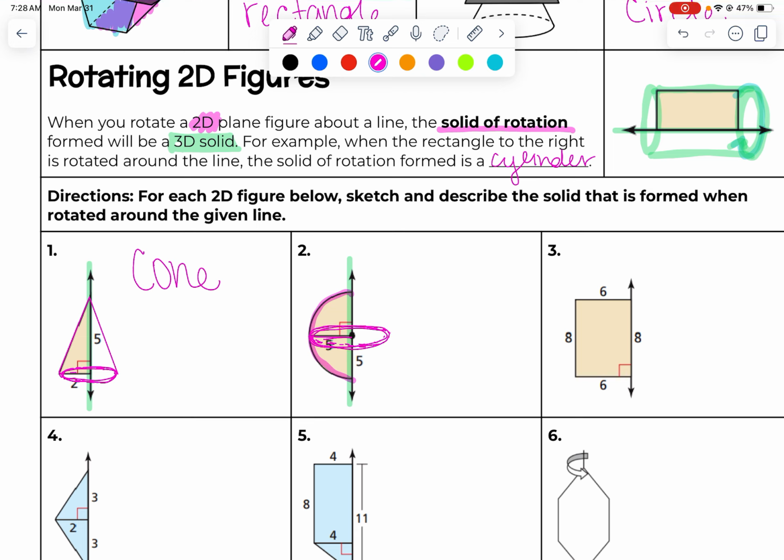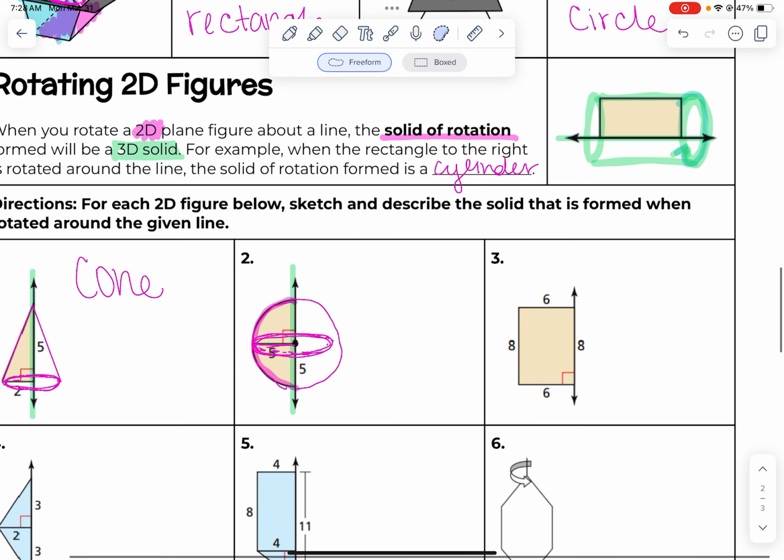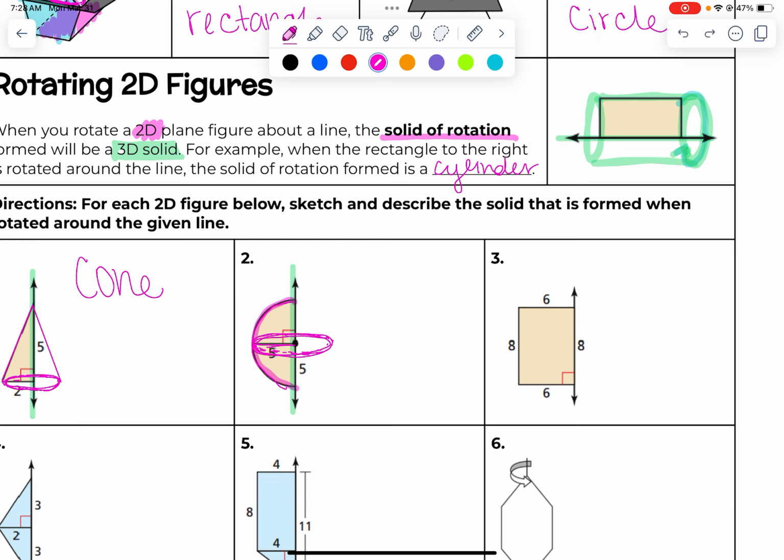And since that part is circular and we have a curved edge, we also need to draw a curved edge on this side. There we go. And what shape does that make? If you said a sphere, you are correct.